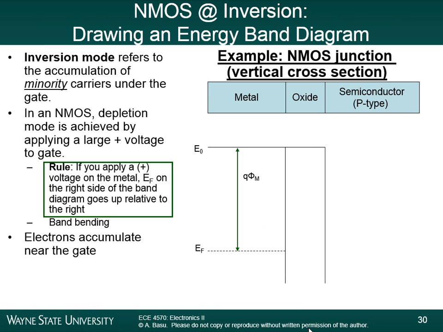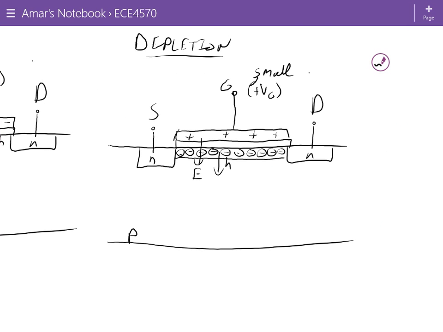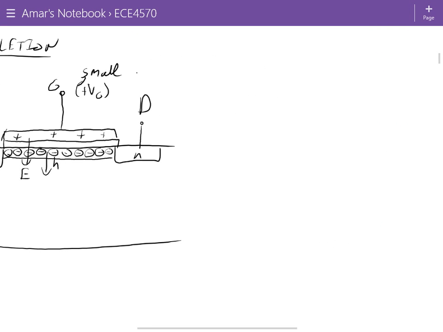All right, now the device at inversion. Inversion we've already talked about, but I'll just add it here.